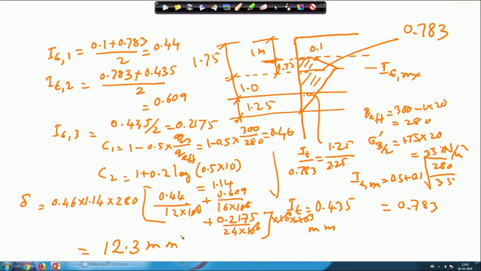So, everything I have shown here very clearly, I hope. You can see that the footing is placed at 1 meter. So, this is the ground mark, but this is the footing level, and first layer is up to 1.75 meter, and since it is a square footing, the influence factor will become maximum at b by 2 from the base of the footing.